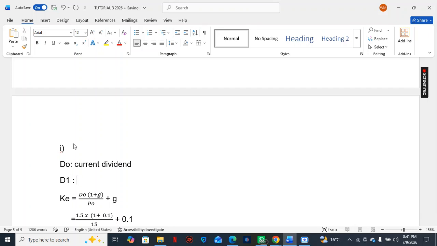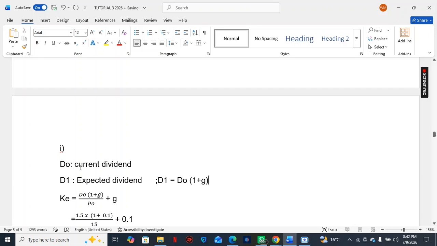D1 is the expected dividend, and remember this formula, D1 equals D0 (1 plus g).